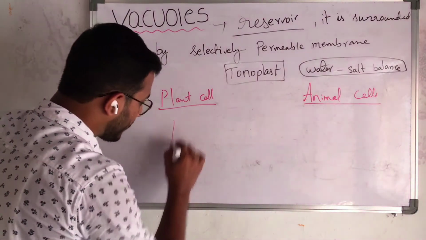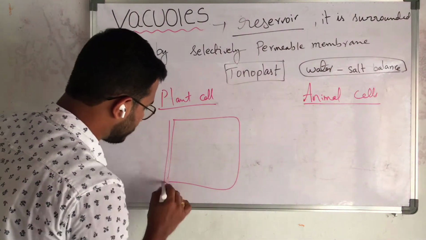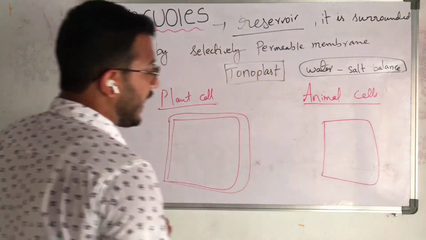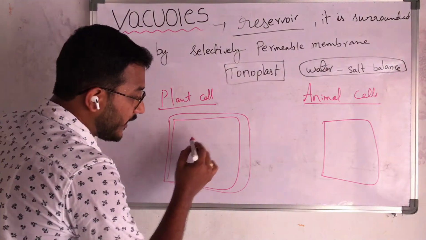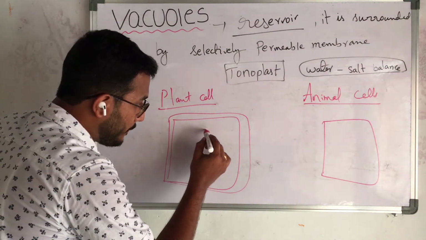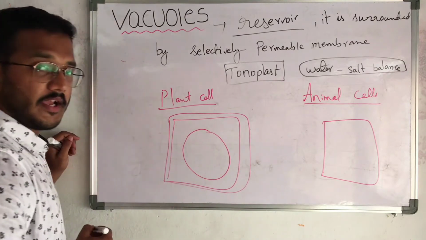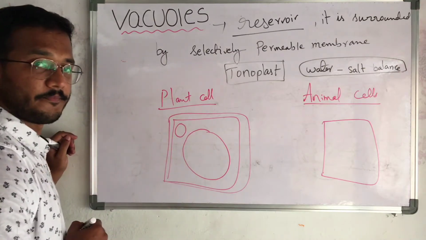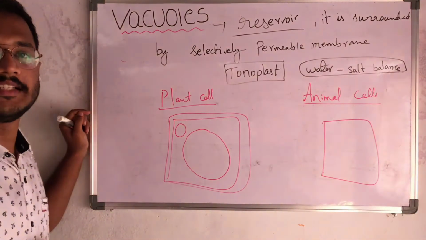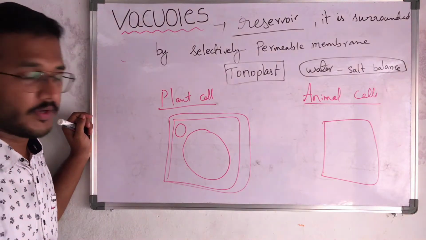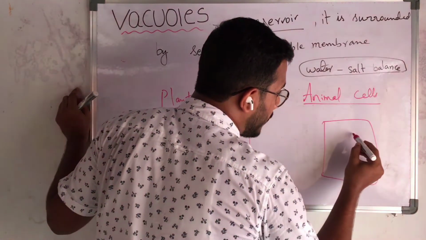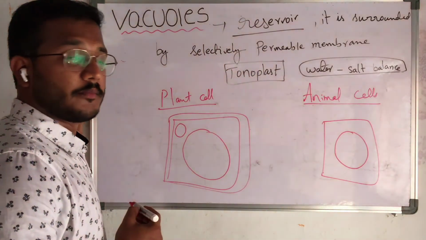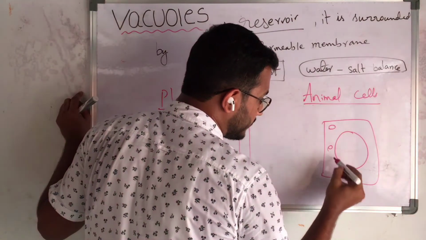Here I am drawing a plant cell, and here I am drawing an animal cell. As we discussed earlier, in the plant cell the vacuole occupies the major portion of the cell and pushes the nucleus to the periphery. Here in the animal cell the nucleus is present at the center and the vacuoles are more in number but smaller in size.